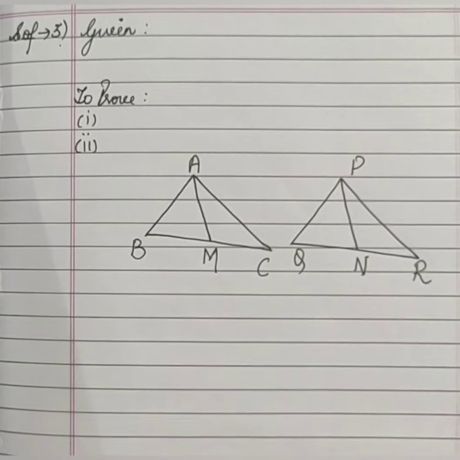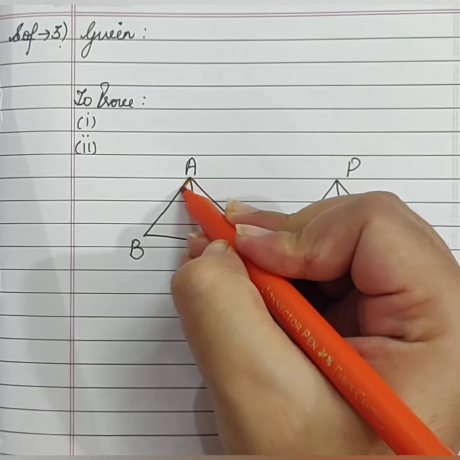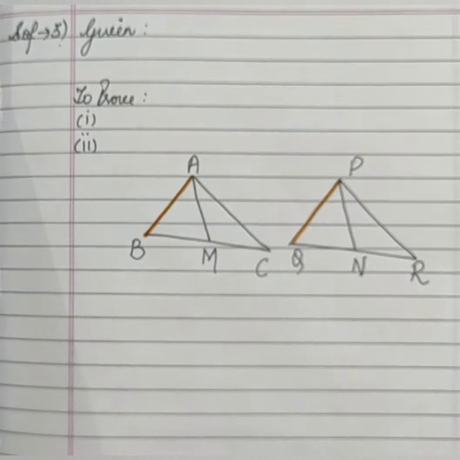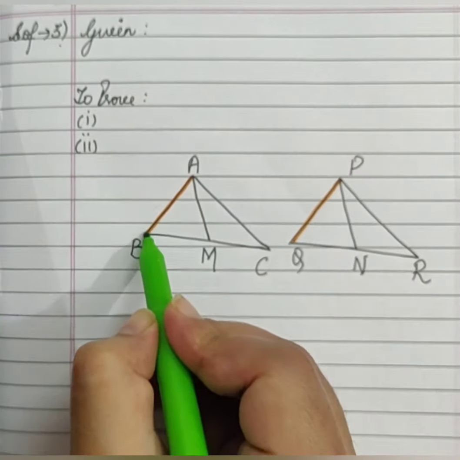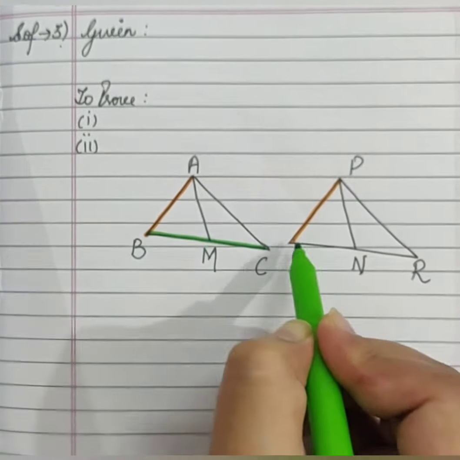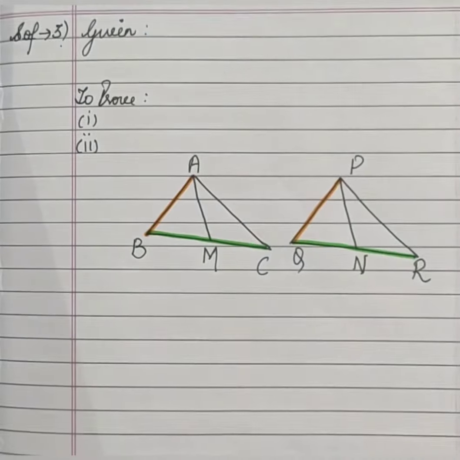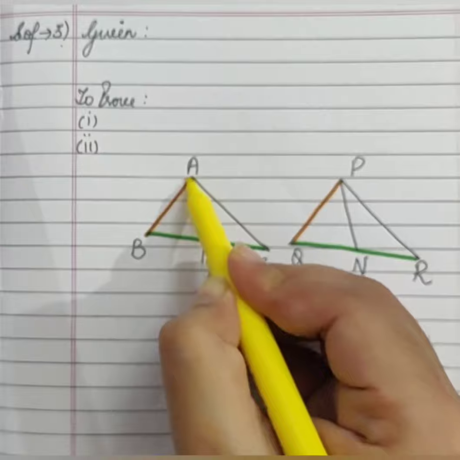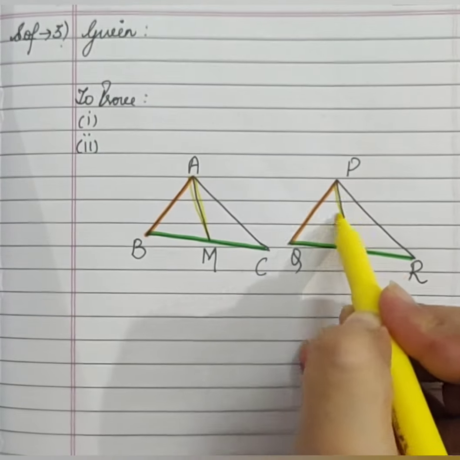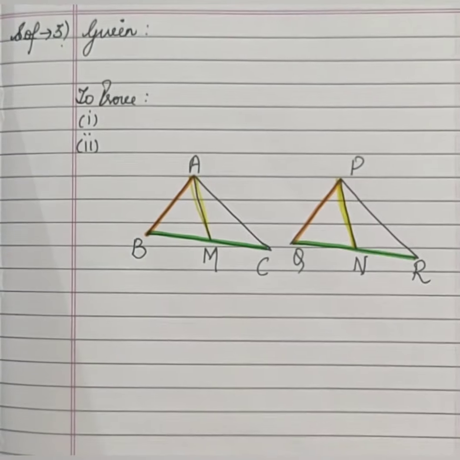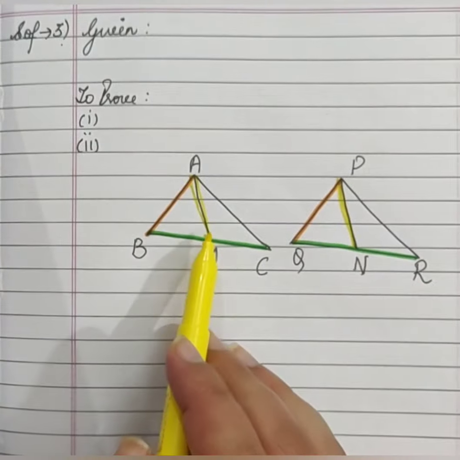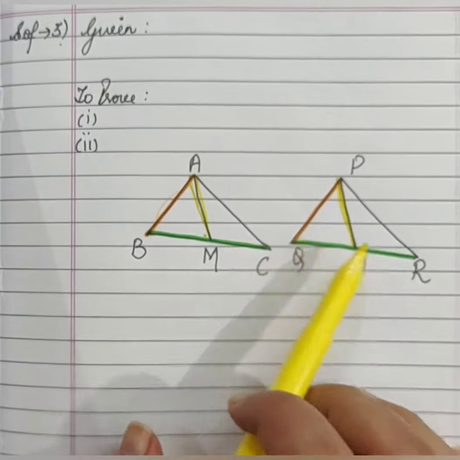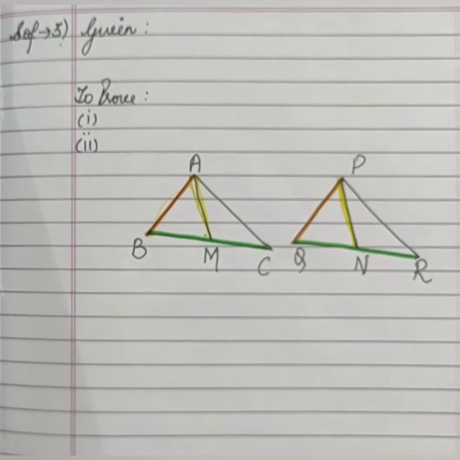In this question it is provided the side AB is equal to PQ, the side BC is equal to QR, and median AM is equal to median PN. That means AM is the median of triangle ABC and PN is the median of triangle PQR, and they are also equal in length.